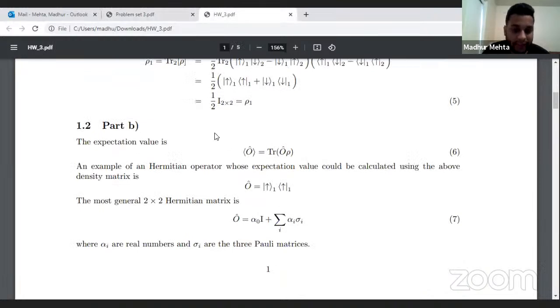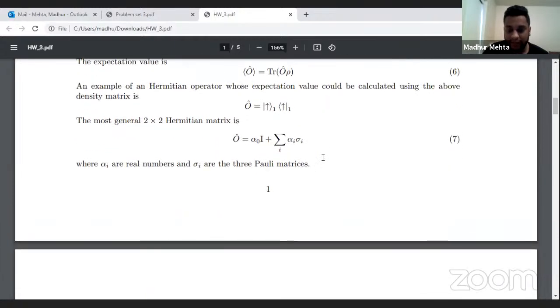Now we go to the second part, and I have chosen an operator which looks like this, but a general operator in a 2 cross 2 Hermitian matrix could be as follows. Every operator of this form can be used, and we can find the expectation value of this operator using the density matrix above.